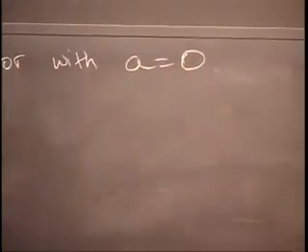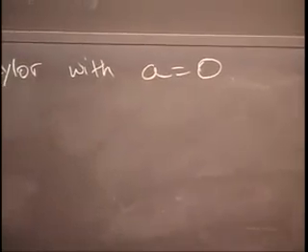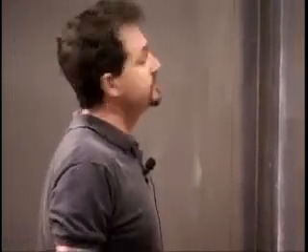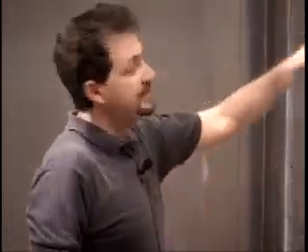By the way, I've said what a Taylor polynomial is. I didn't really say exactly what a Taylor series is. I don't want to get bogged down in the details, but Taylor series is just when you go to infinity instead of stopping it at some value. So, Taylor series, Taylor polynomial, very similar. Maclaurin means a equals 0.